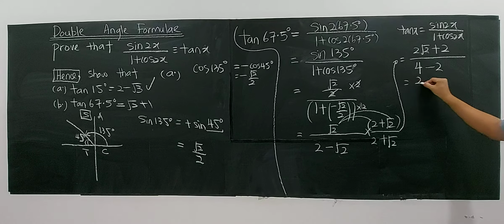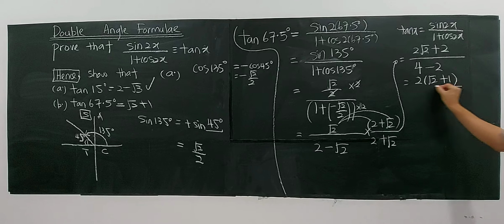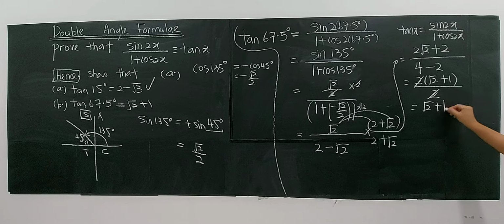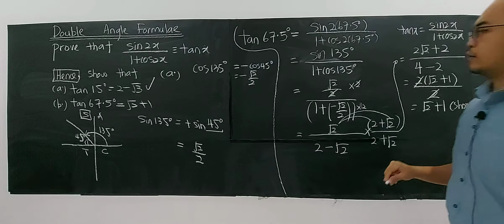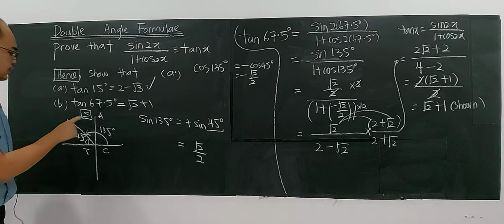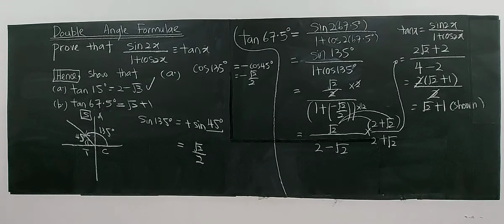So at last, 2 is a common factor, so I'm taking out the 2. And 4 minus 2, you have 2, and you cancel out, then you are getting square root of 2 plus 1, right? So it means that you have already used this identity to evaluate the value of tangent 67.5, which is square root of 2 plus 1. Alright, that's all for this video.